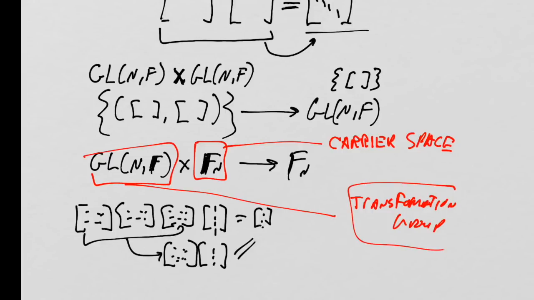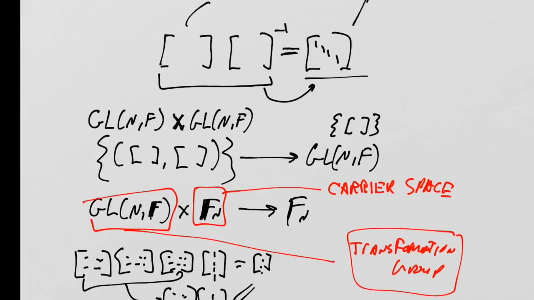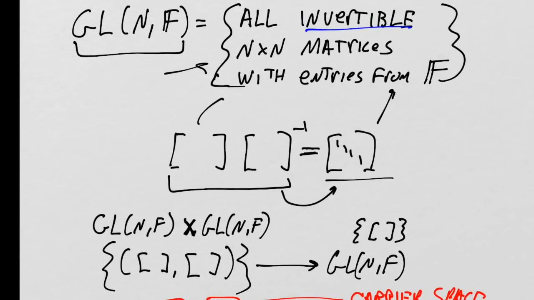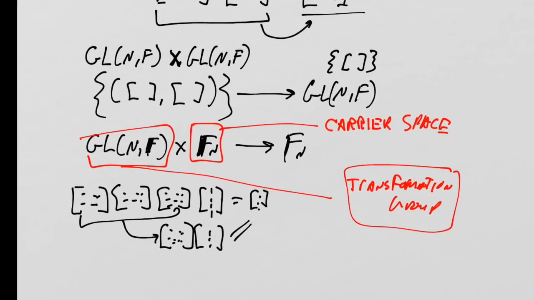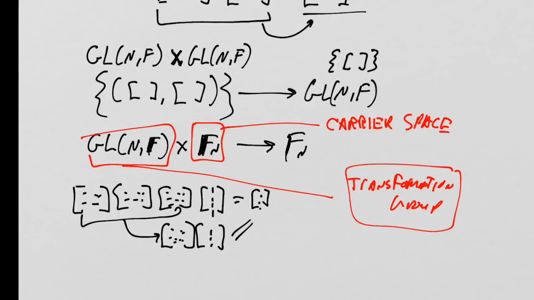But the transformation group is in itself a group. This distinction is really important because it can lead to a lot of confusion down the road when you see how these things operate. You've got to remember that the group operation is matrix multiplication for these classical groups, and the members of the classical groups themselves, however, are defined by what they do on the carrier space.